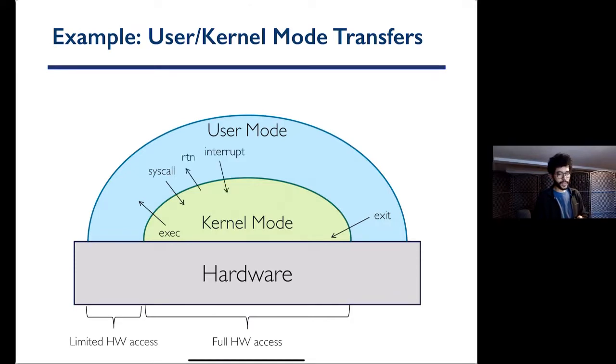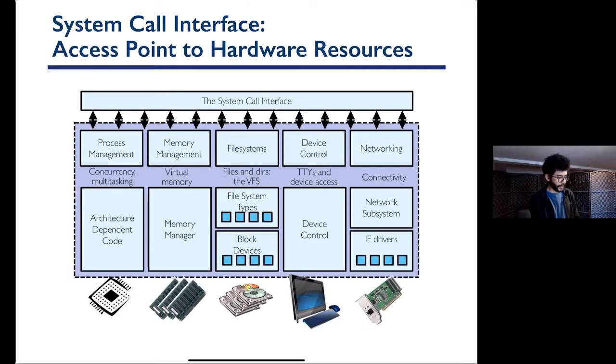If an interrupt happens, you go from user mode to kernel mode. And maybe you have to go now talk to the hardware directly with the help of the driver, and then eventually come back from it, and so on and so forth. Or an exception happens, which we talked about.